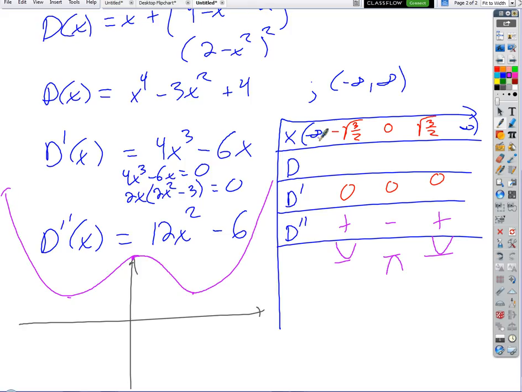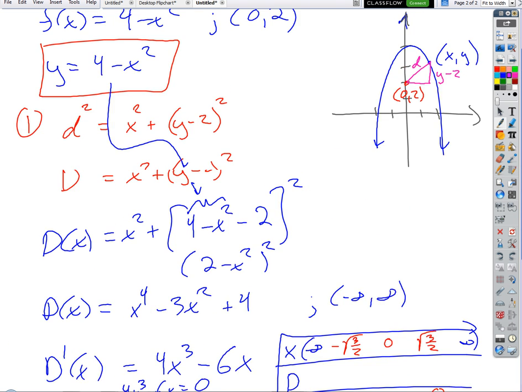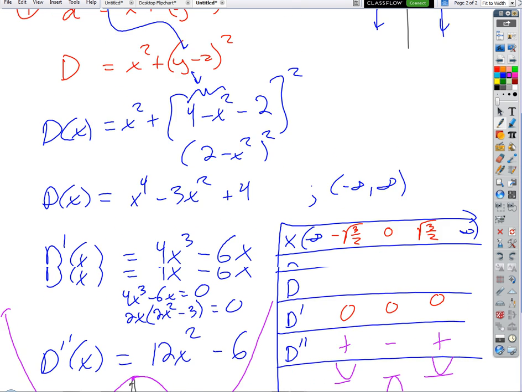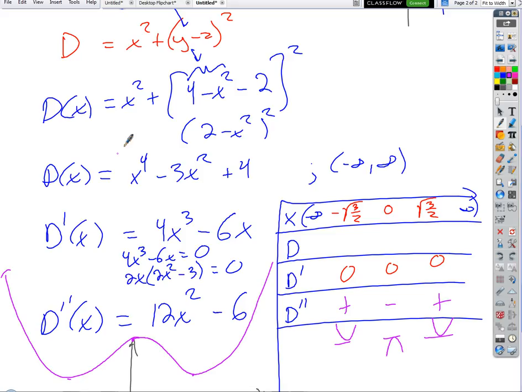As x approaches negative infinity, well, look at my function. What's this thing doing? We just look at the leading term, right? So the limit there is infinity, and the limit there is infinity. Everybody see that? And so this is definitely going to be the place where these are the places.